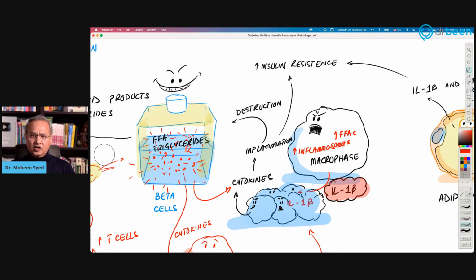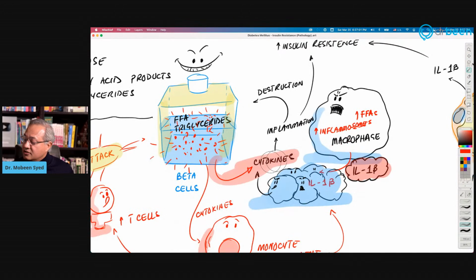And how does it tell them? It tells them by releasing cytokines. You know that cytokines can be released by all of our cells. Any cell under stress would produce cytokines and say, I am in trouble. There is something wrong going on. So the beta cell, which is revving fast, is going to make cytokines.